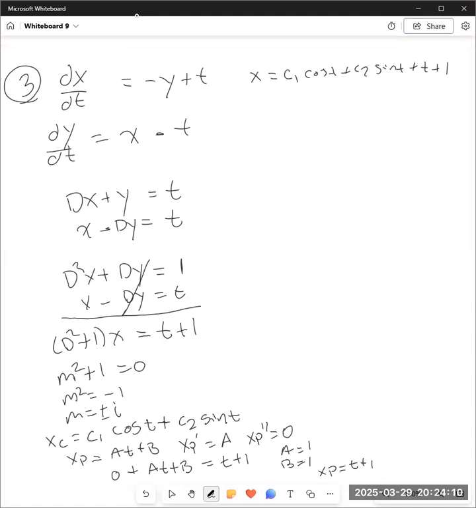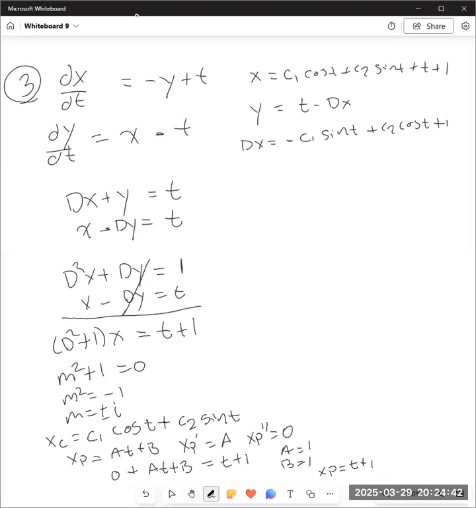Now my y needs to be equal to t minus Dx, or dx/dt. Dx is equal to negative c1 sine t plus c2 cosine t plus 1.